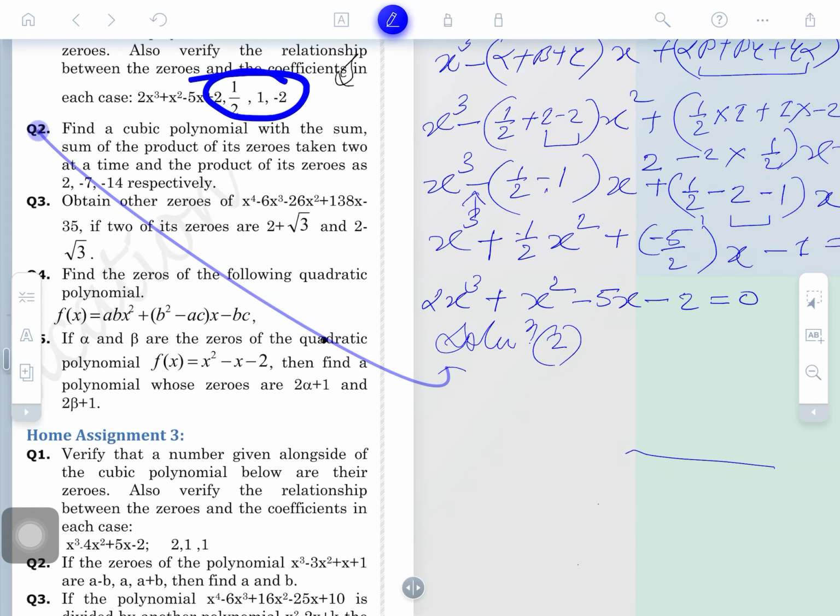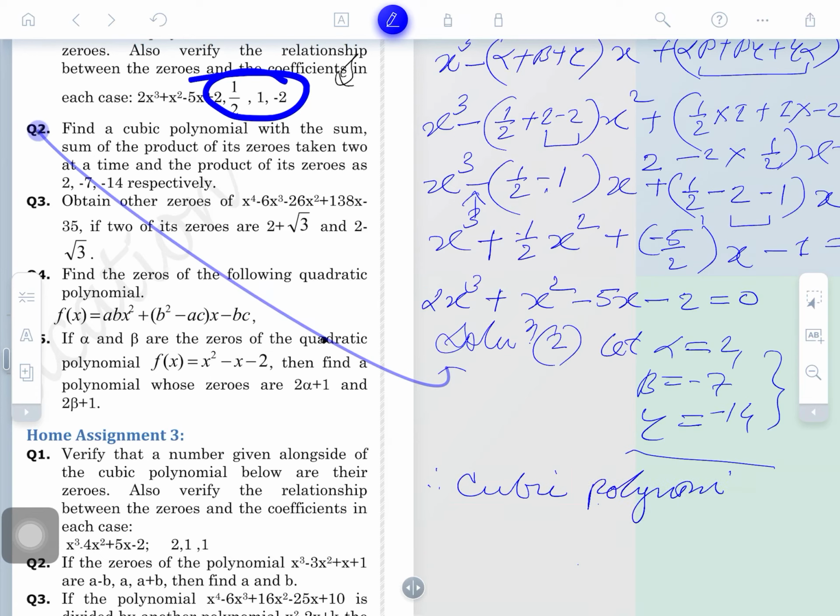So, you will write here: let alpha be 2, and beta is equal to minus 7, and gamma is equal to minus 14. So, 3 are there. Therefore, the cubic polynomial is x cube minus their sum.